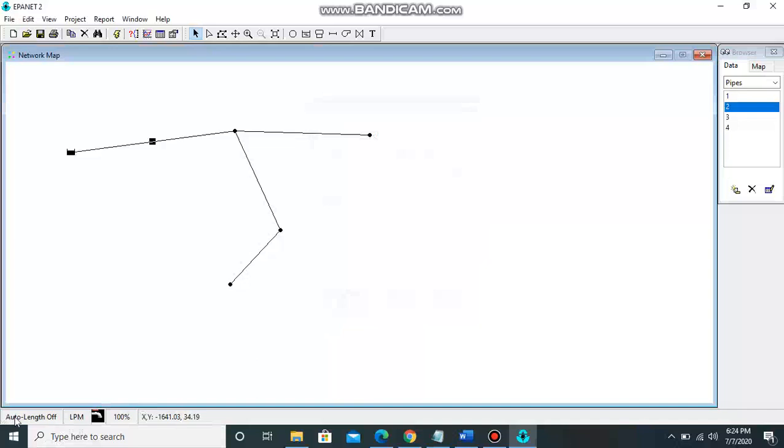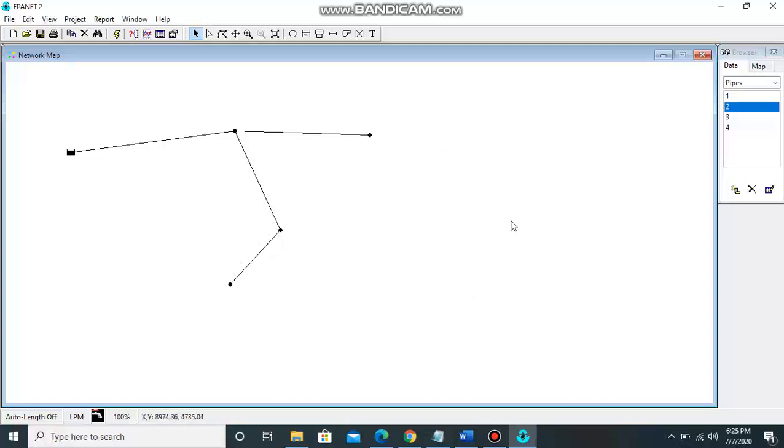Then this auto length: EPANET does not consider our length in the drawing, but if you turn auto length on, EPANET considers the length of the pipe based on our drawing. In reality, if you design the water distribution system, in our case, we use geotagging.